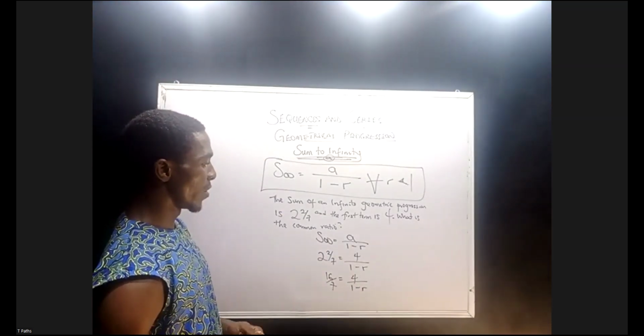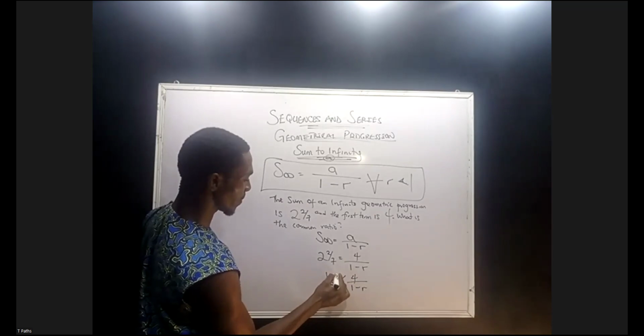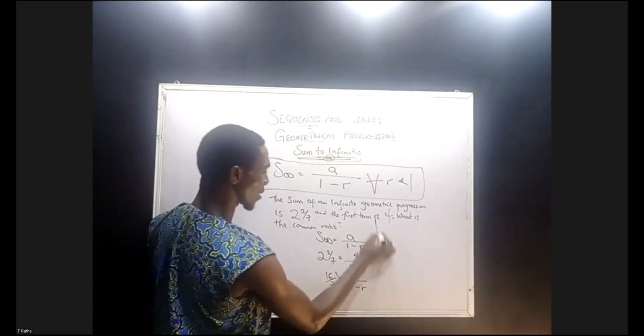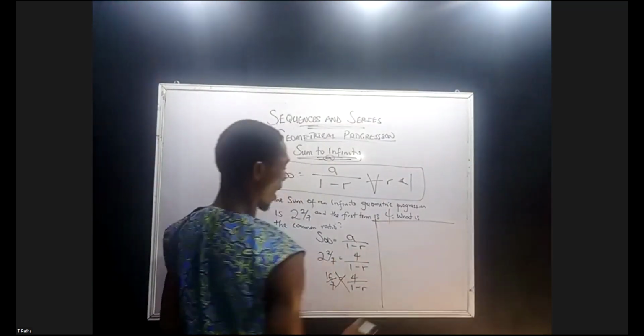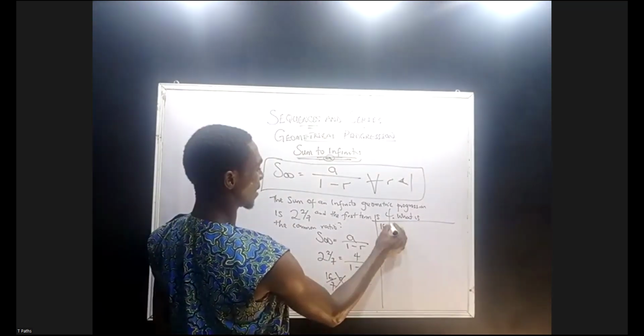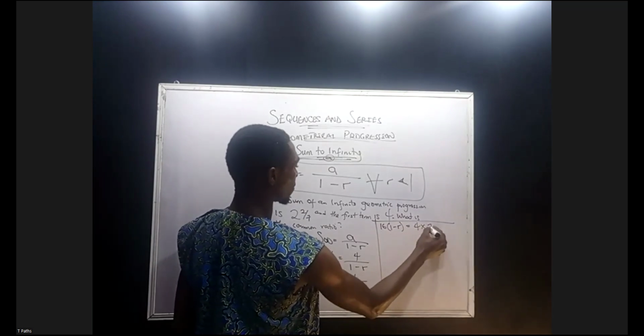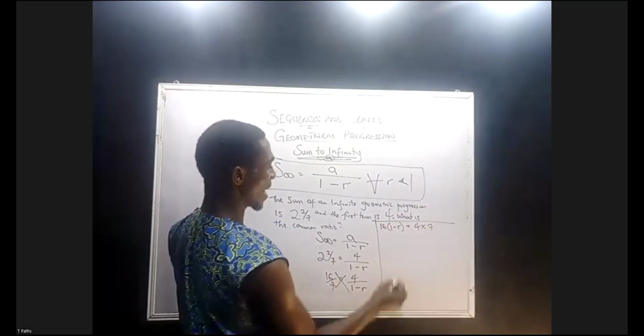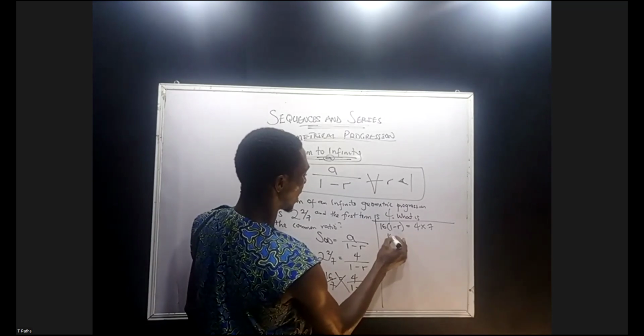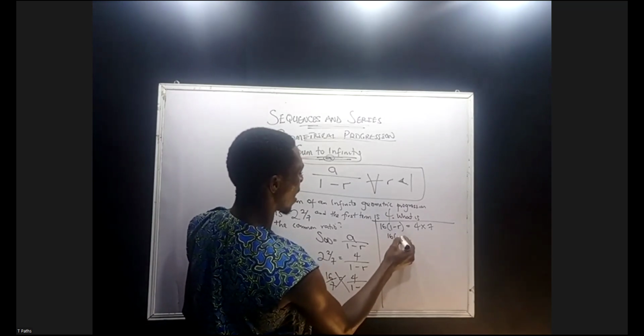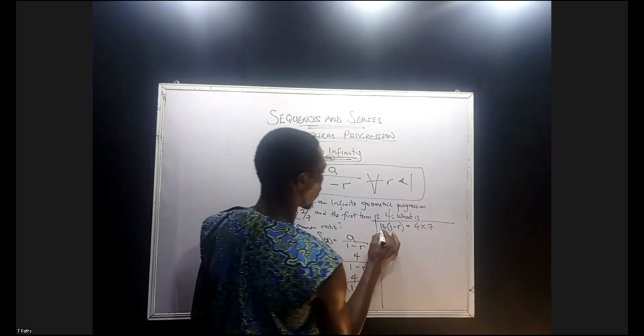Then from here, the next thing we do is cross multiply. When we cross multiply, this is what we have: 16 in brackets 1 minus r equals 4 times 7. Then here, I can divide both sides by 4.